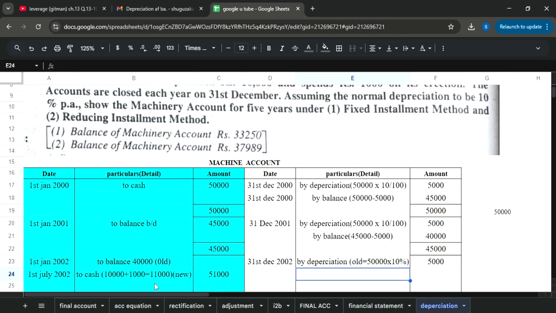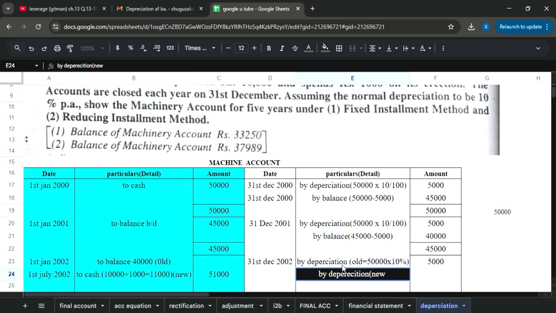Now since we have two assets, we will charge the next depreciation, and this depreciation would be for the new asset.